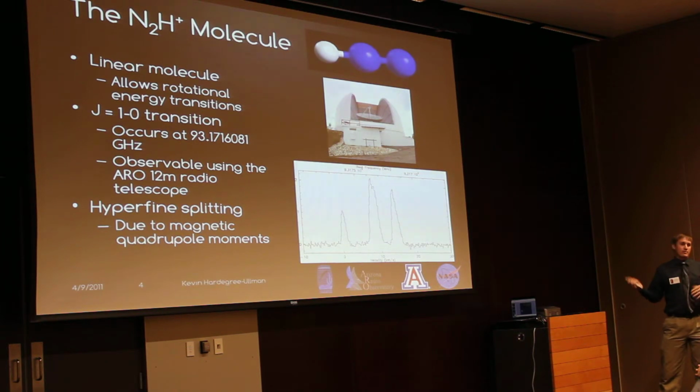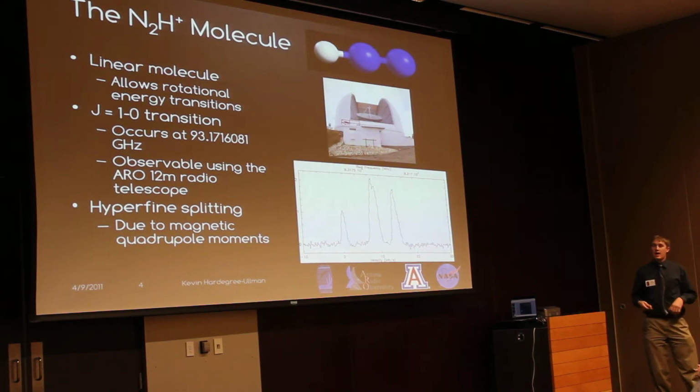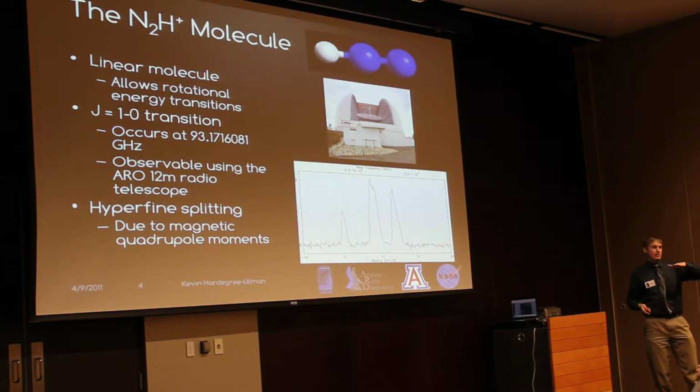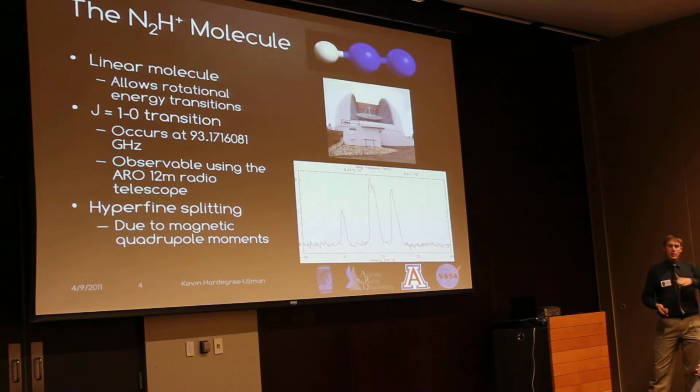And most molecules have rotational energy transitions at quantized levels, so we know when energy transitions happen. And we were looking at the first excited state transition to the ground state. And that occurs at 93 gigahertz, which is around 3 millimeters in wavelength. And that's observable using this telescope here on Kitt Peak. It's a pretty cool facility.